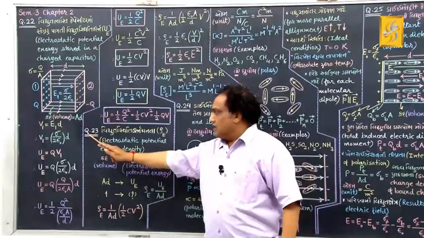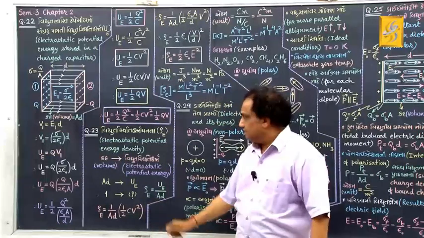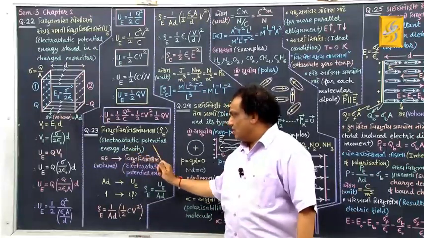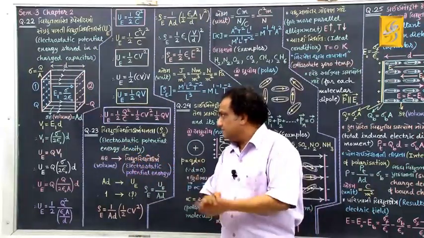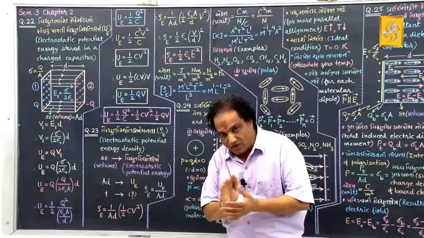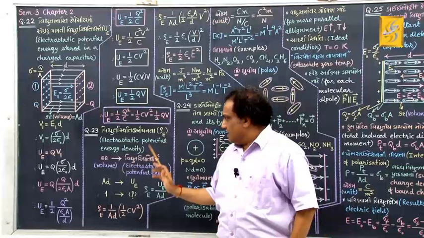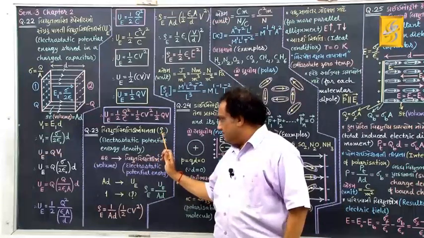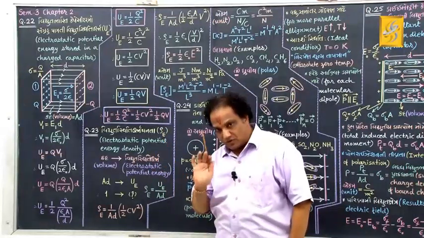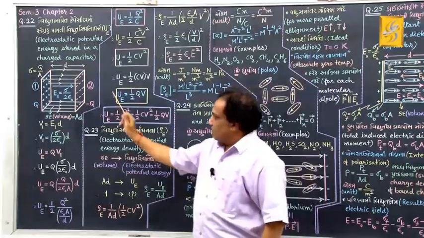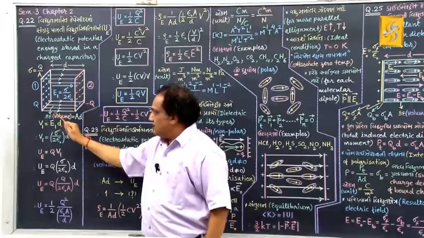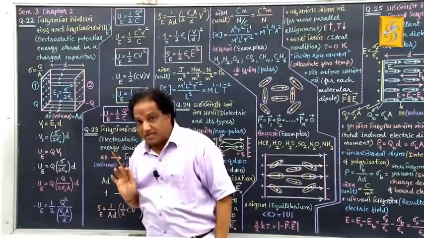Now we go for question number 23 about electrostatic potential energy density. Electrostatic potential energy density. Fine. Shown by symbol rho E. What is that? I am showing you. What was the volume of this region in which there exists electric field?